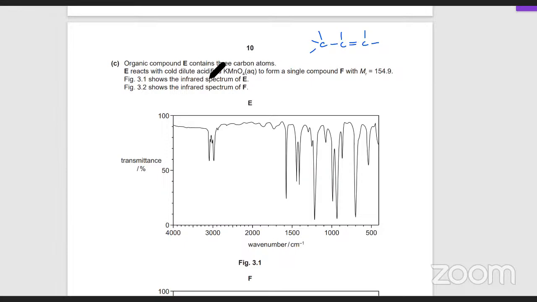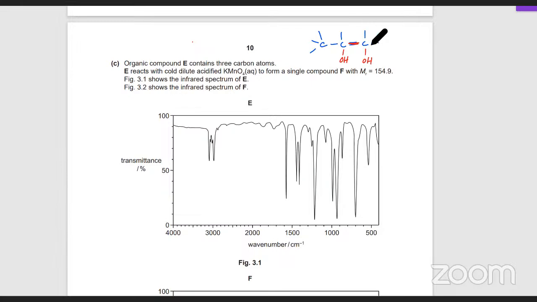If it undergoes mild oxidation with cold KMnO4, what will it turn into? It will turn into a diol. To the double bond part, 2 OH groups are going to get added, and this will turn into a single bond. So mild oxidation gives diols.